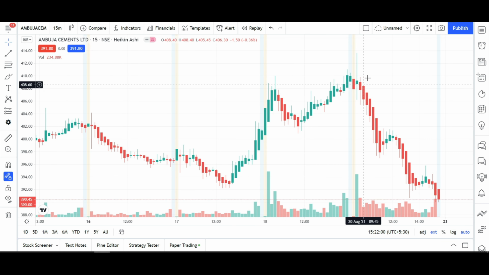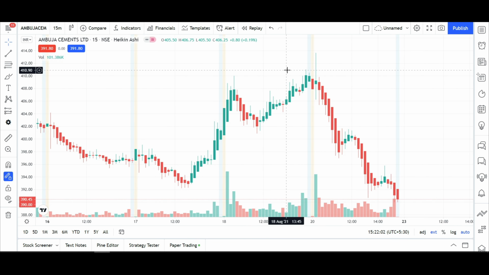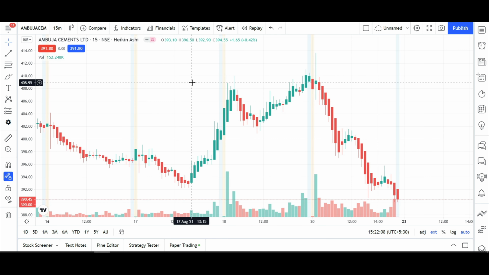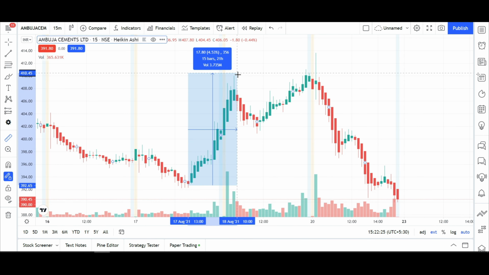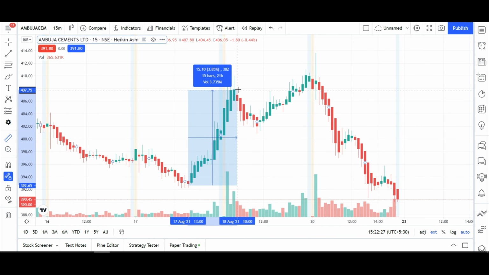So the Heikin-Ashi is slower compared to the traditional Japanese candle chart, but it indicates a very strong trend whenever a strong trend is coming in the market. As we can see here, the bullish trend started here and ended at around 4%.